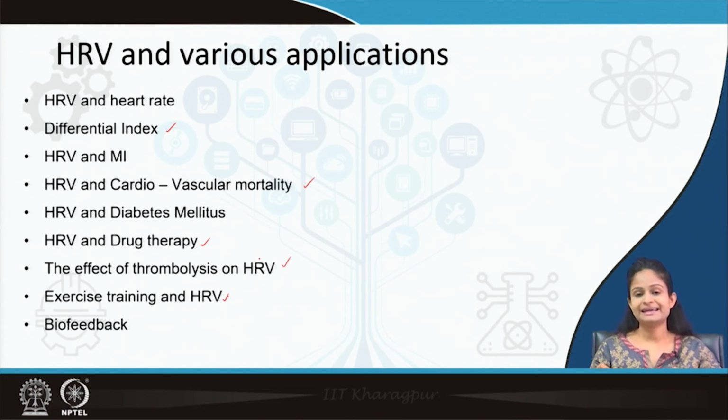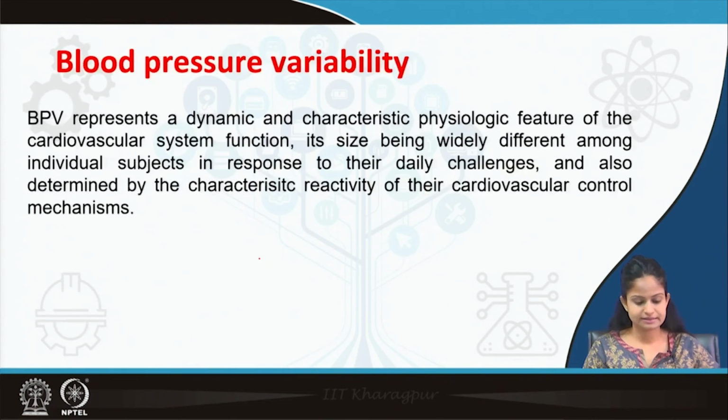Then biofeedback and exercise training. In athletes and sports medicine, this is an upcoming field of research, exercise training and the role of heart rate variability in it to assess cardiovascular health in athletes.